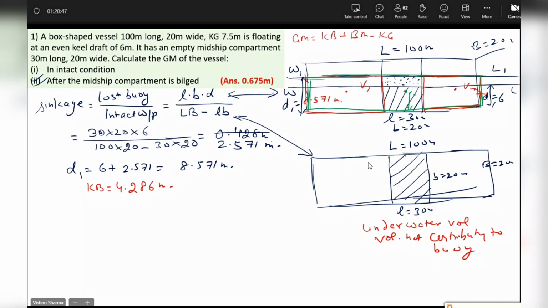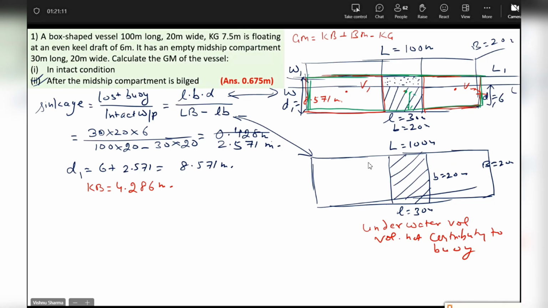Underwater volume multiplied by... You will first identify the underwater volume, which you said capital L into capital B into D1. And next you will multiply by the lever, and the lever you told me is D1 by 2. Yes or no? Yes, sir. Correct, guys? Yes, sir.